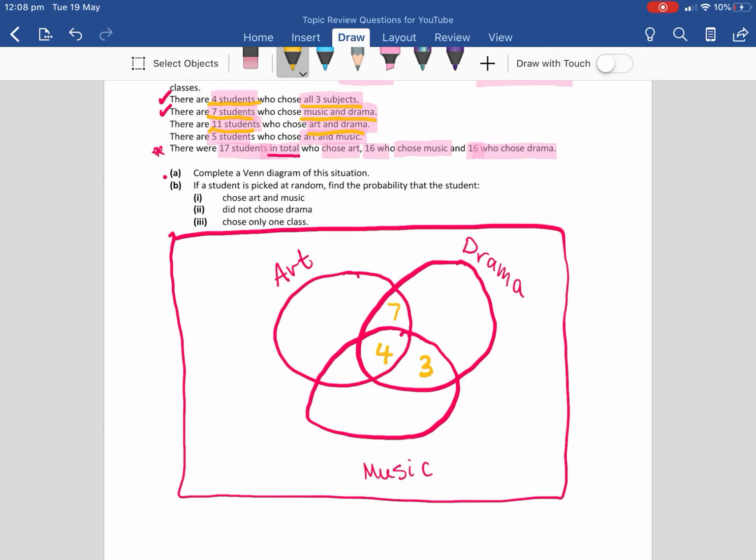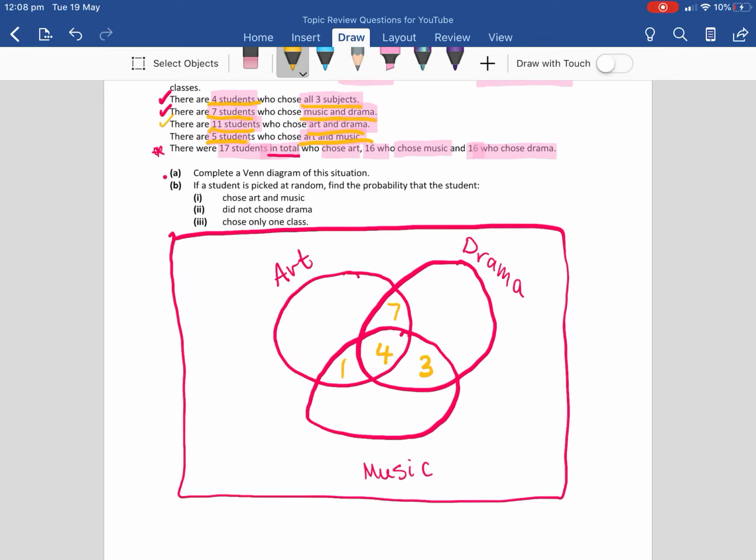So this one still makes sense. 11 chose art and drama, because 7 chose art and drama by itself and 4 people chose art and drama with music. Okay, the next one, 5 students who chose art and music. Doing the same thing again. You've already got your 4 in the middle, so there needs to be 1 here to make 5.